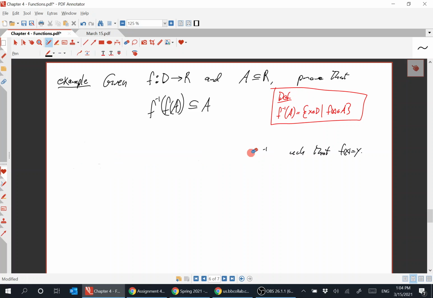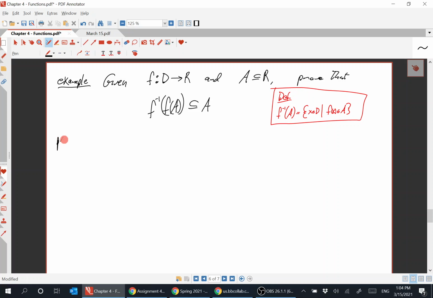The other way around is not true. We're going to give a counterexample for that. Okay. So, given f from domain to range and A a subset of the domain, let's prove that the preimage of the image of A is a subset of A.